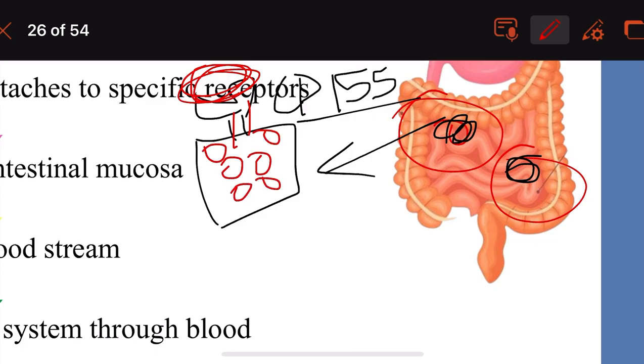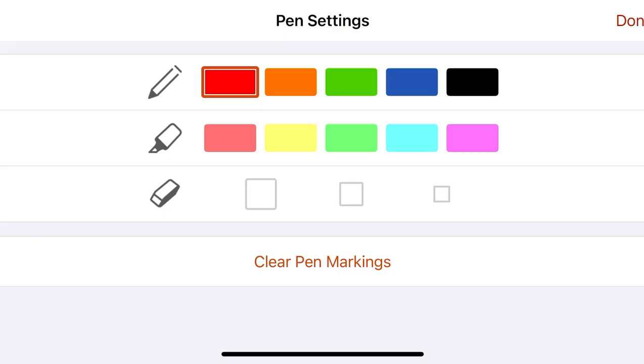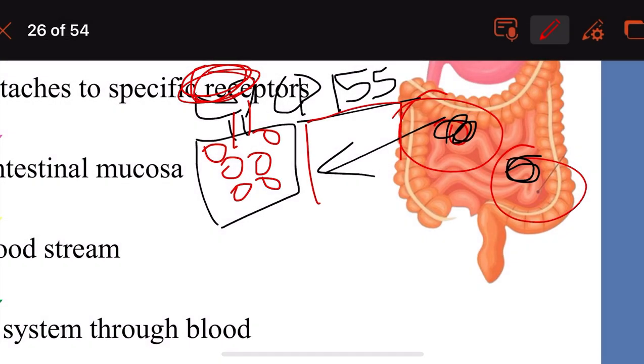Once the virus enters into the cell, it starts replicating. So what is the function of the CD155 receptor? It forms the structural junctions between neighboring cells.